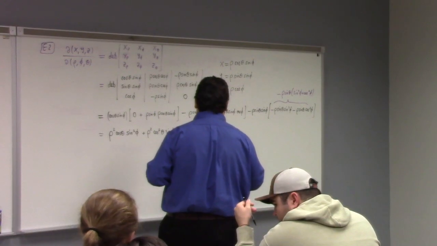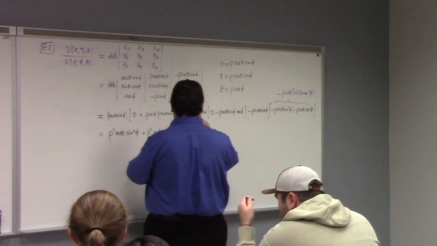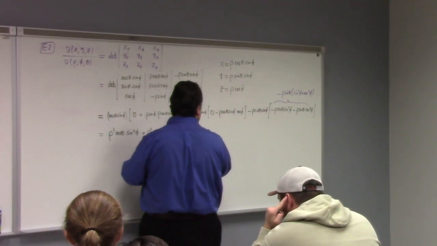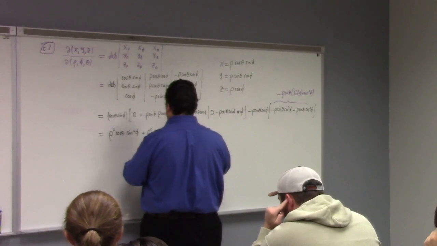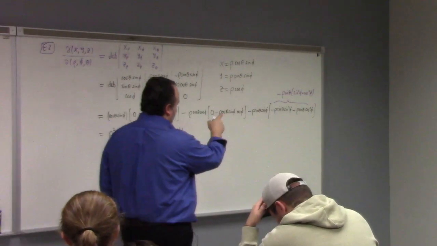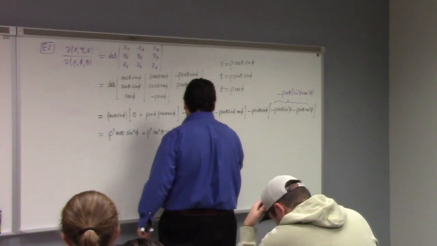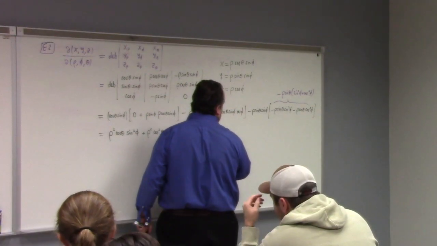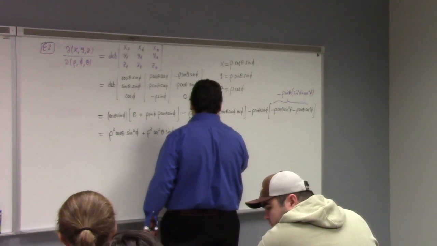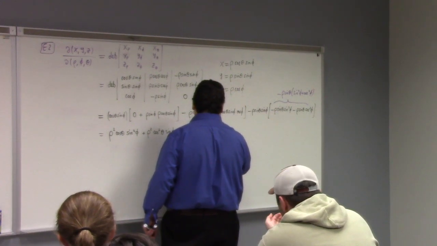Hold on a second, I gotta be careful. Sine phi cosine squared phi. All right. And then over here, I've got a plus rho squared sine phi sine squared theta.